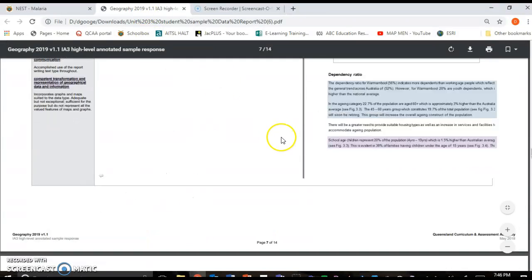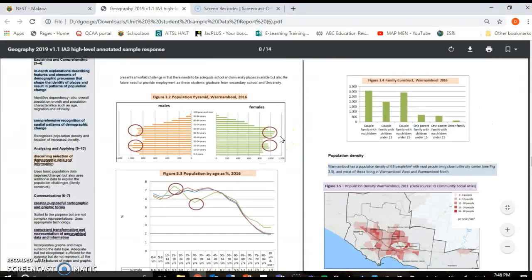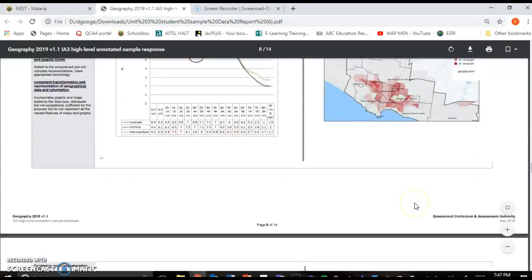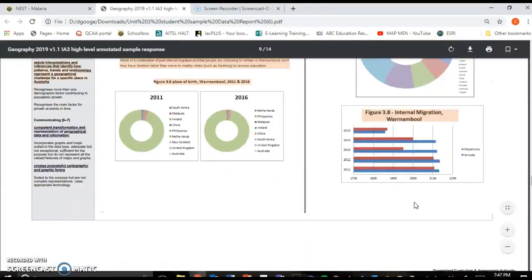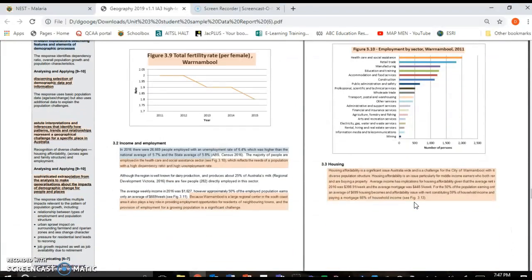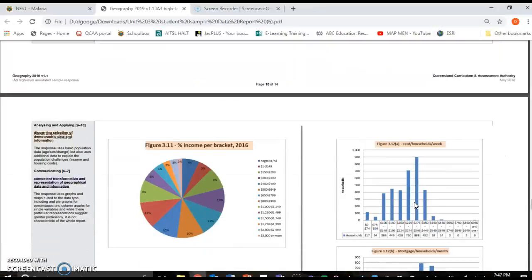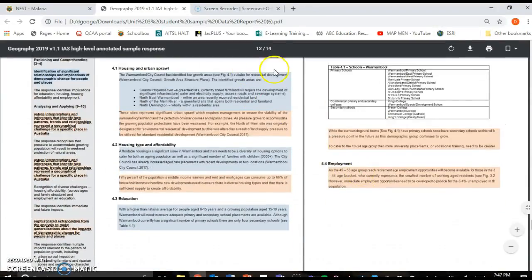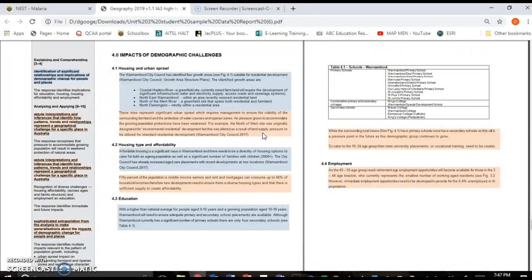So if we have a look here, they've looked at where people are living and how it's moving out. Okay, lots of stuff on migration, how many more people are coming into the area. And that's where they've made the links between having more people and that map of where people are living, showing that they're moving out into new areas.